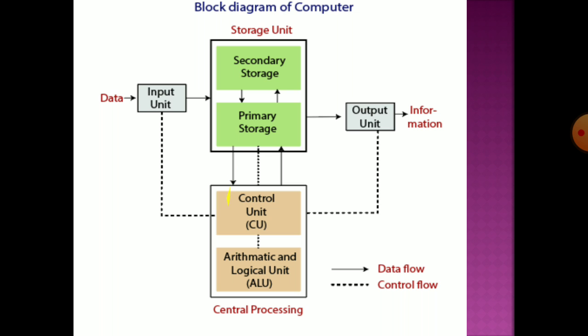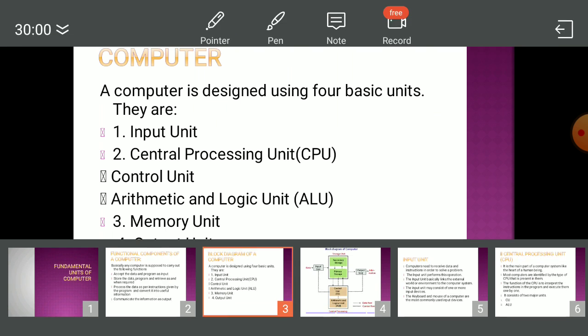Just as we have the reverse connection between your CPU and the storage unit, it is not there between input and storage unit, or between output and storage unit. So you have to remember that way of the flow of data and control. Here one-way and two-way communication is possible, and for that reason we always show this arrow mark.